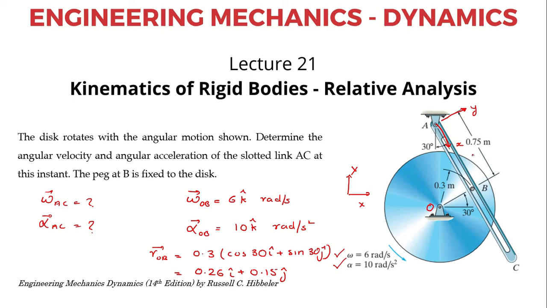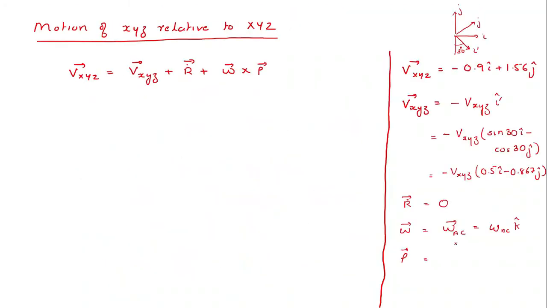So as such, I can write rho vector as 0.75 into i dash cap, which if I express in terms of the unit vectors along the fixed frame, I would get 0.75 into 0.5 i cap minus 0.867 j cap.